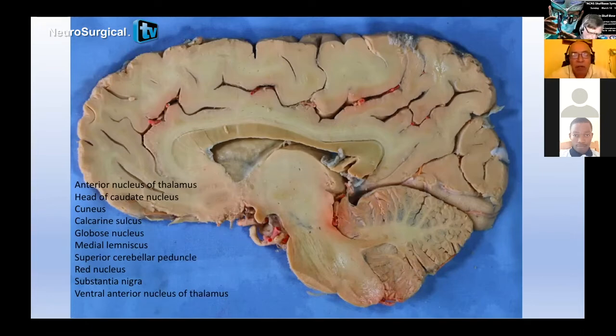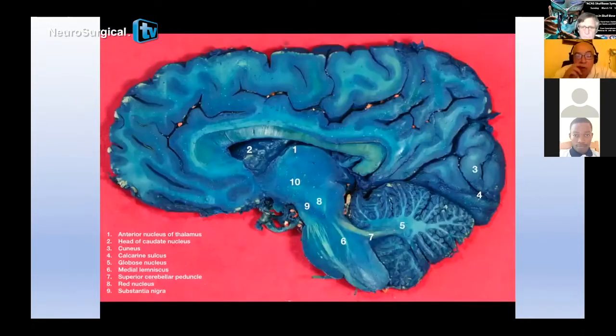If we try to differentiate these structures in this coat, I think it's a little difficult to do that. But if we stain the brain coat with some staining like mulligan stain, look at this. Now we can differentiate much better these coats.